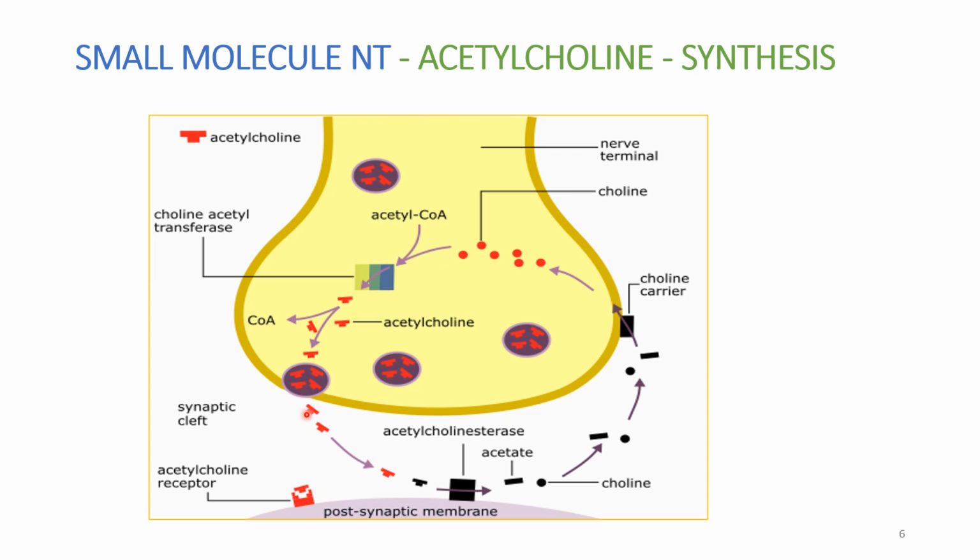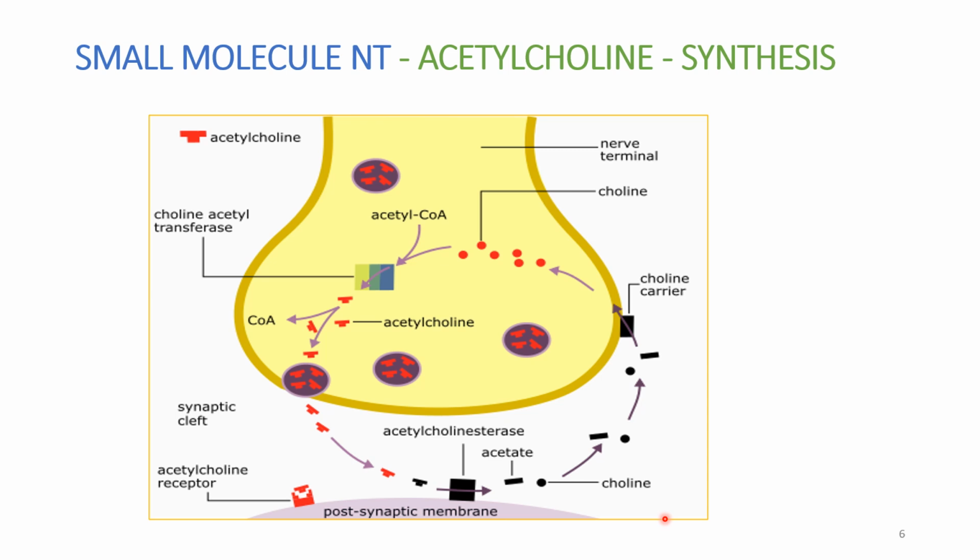Now it will act on the cholinergic receptors. What are the cholinergic receptors? They are of two types, nicotinic and muscarinic. Why are they called nicotinic receptors? Because they respond to low doses of nicotine also.